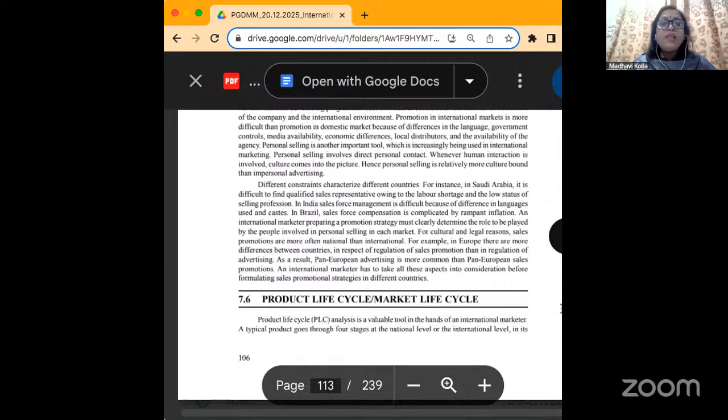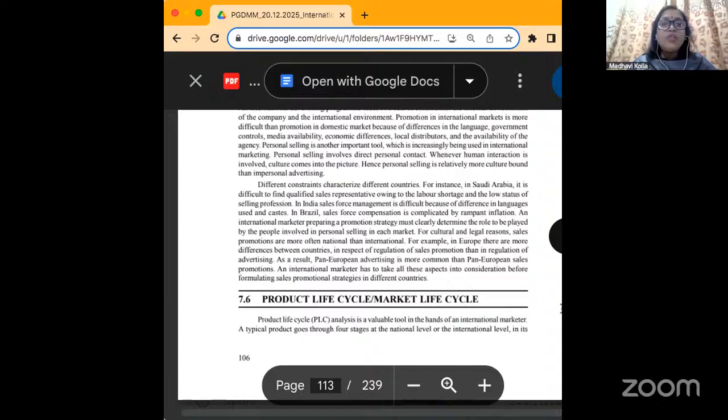Therefore, in some companies, they take up personal selling, which involves direct personal contact. Whenever human interaction is involved, cultural factors come into play. So personal selling is relatively more culture-bound than impersonal advertising.